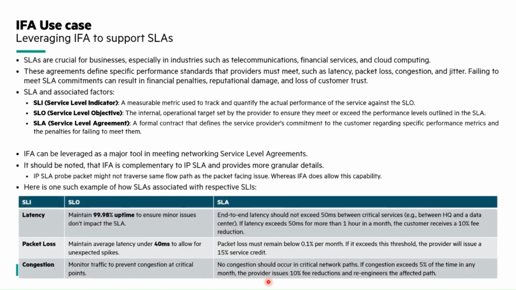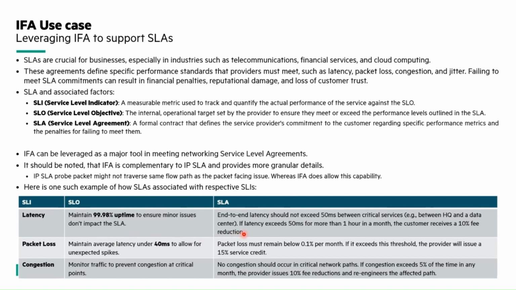So here is one such example on how SLAs are associated with respective SLIs. For instance, I am taking the first SLI as latency, to which the connected SLO is to maintain 99% uptime to ensure minor issues don't impact the SLAs.